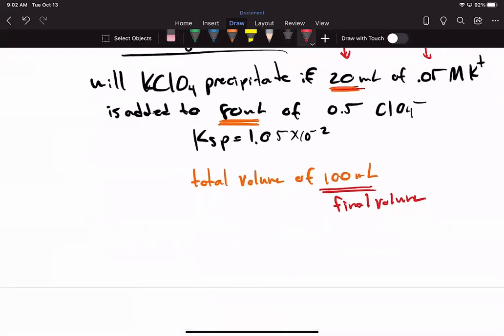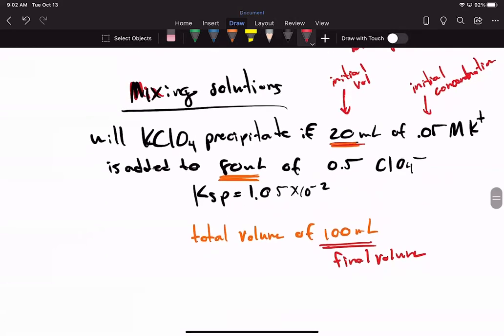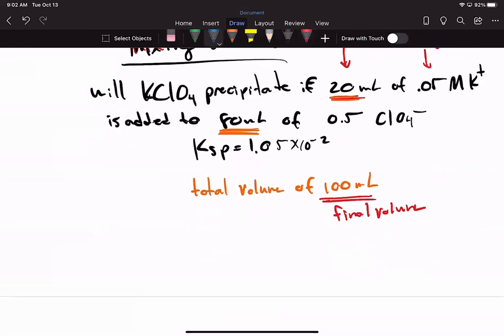Is there a formula that you learned that we could apply when I'm using initial volume, initial concentration, final volume, and I need to get a final concentration? Anybody, come on, somebody. What are we going to do here? Could you use the formula of molarity?